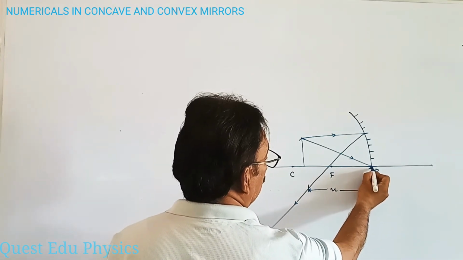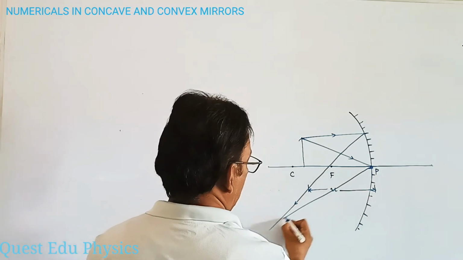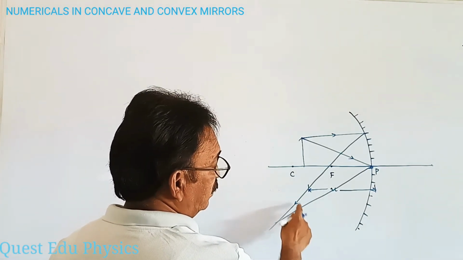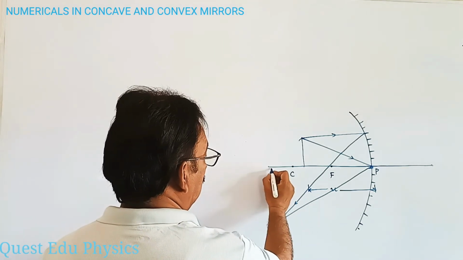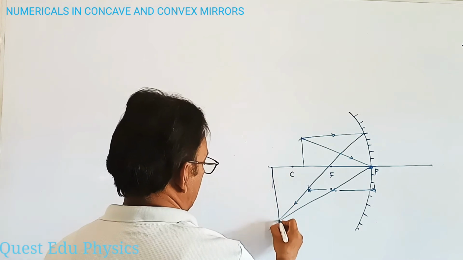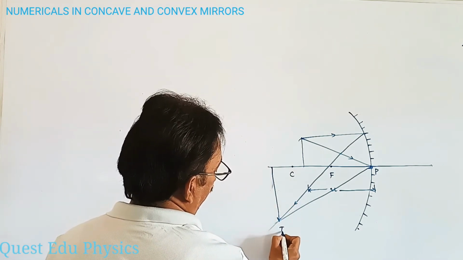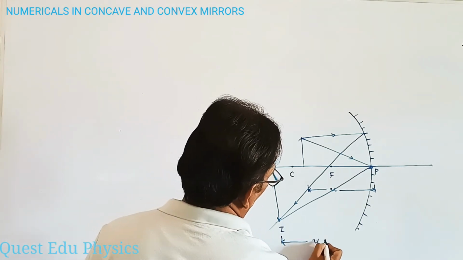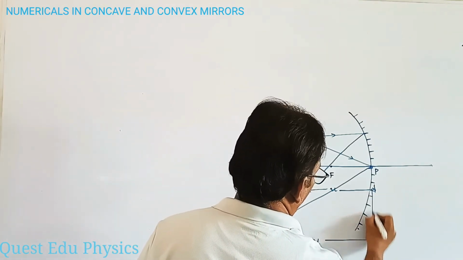Okay, students, after reflection, these 2 rays intersect each other. They will form the image, students. This is the image. And this distance is known as the image distance, students.